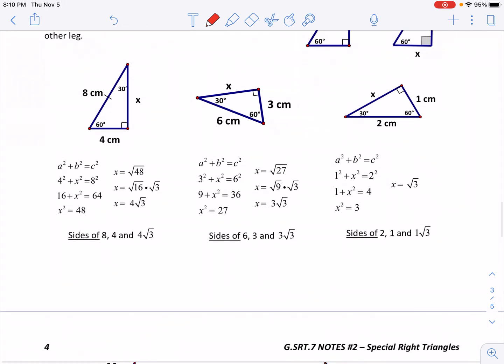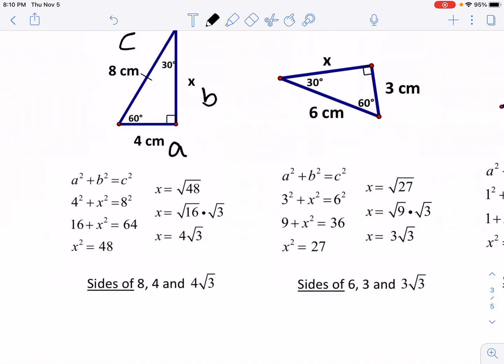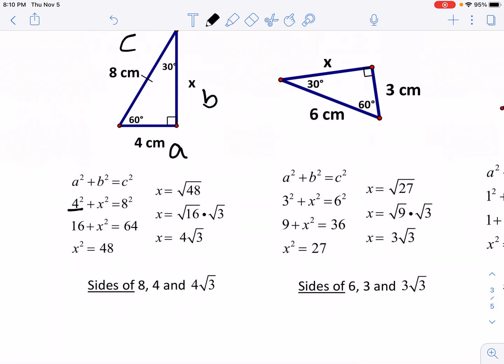Now, notice when we have this example here, let's see if we can find the relationship between the sides so that we can figure out what x would be. Again, applying the Pythagorean theorem, we could call this a, b, and c. 8 is my hypotenuse, so plugging that in, we'd have 4 squared plus x squared equals 8 squared.